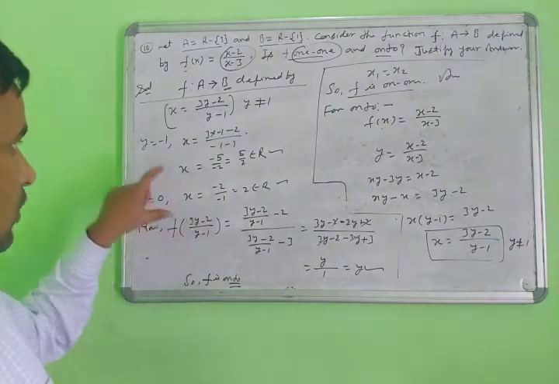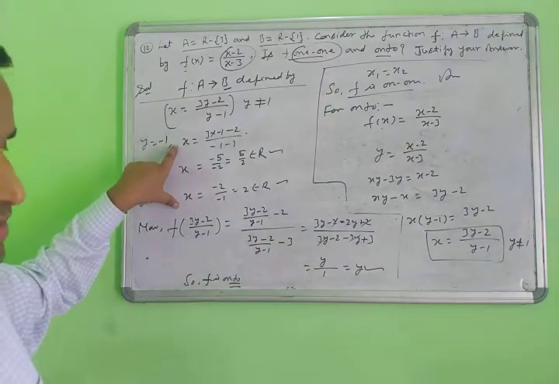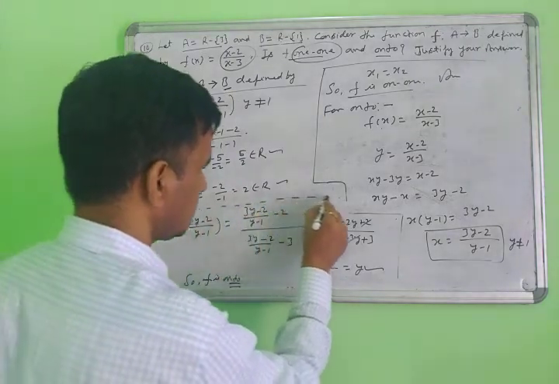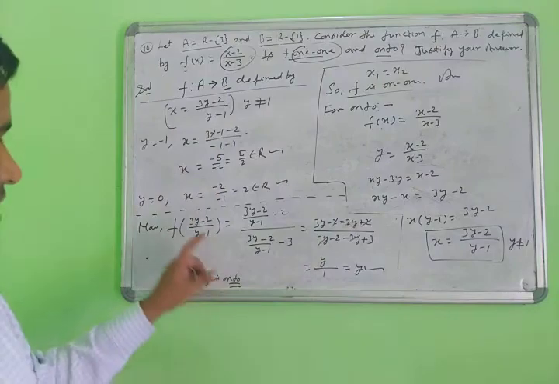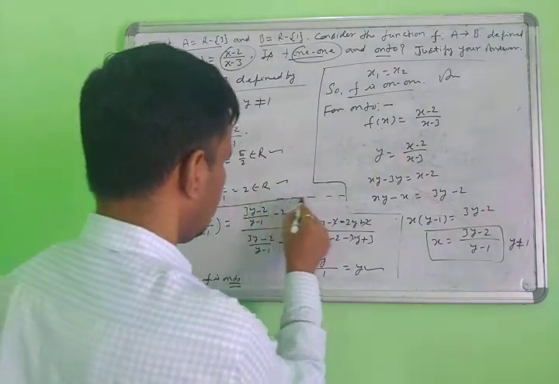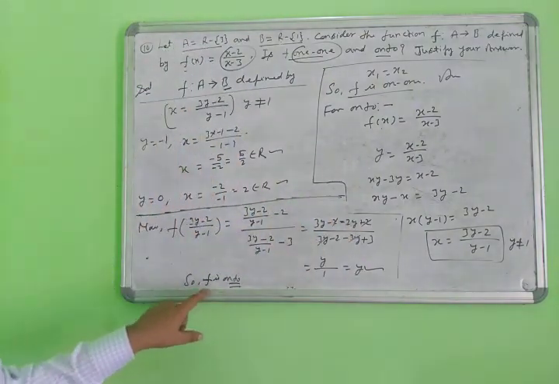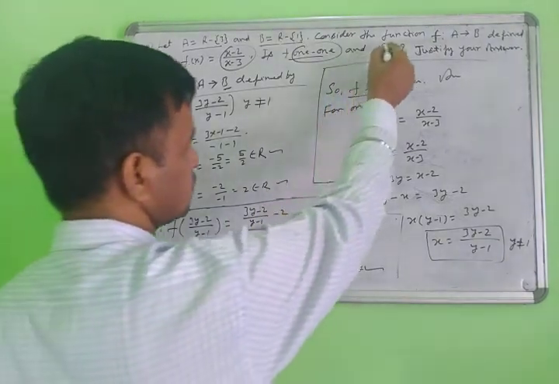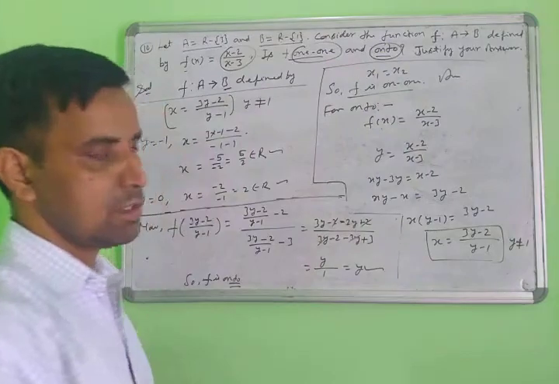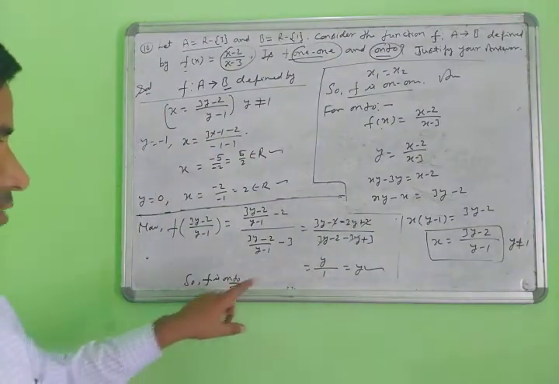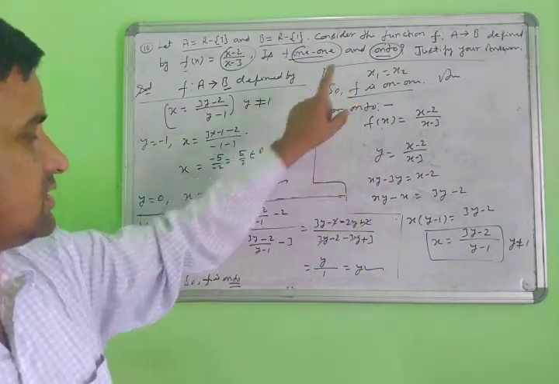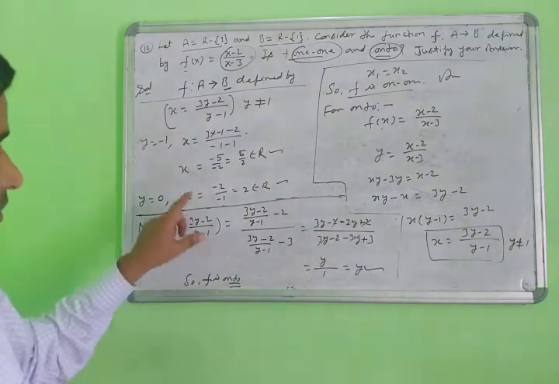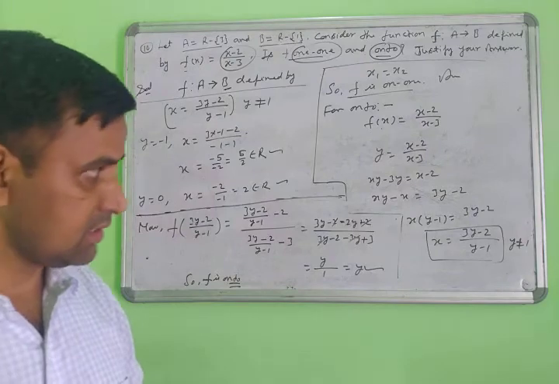You can solve and give one or two or three examples, otherwise solve this part using any one trick, the result is the same: f is an onto function. First, f is one-one, and second, f is onto. Both results have been proved. Yes, note it down and then next.